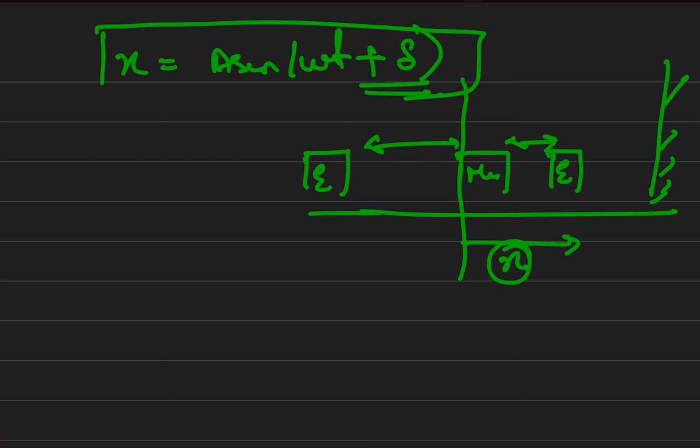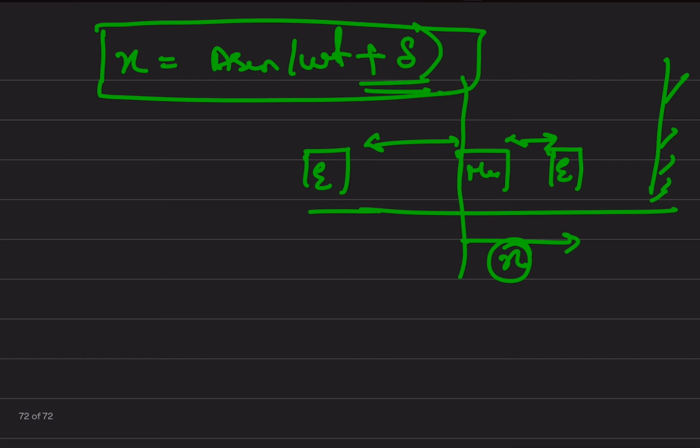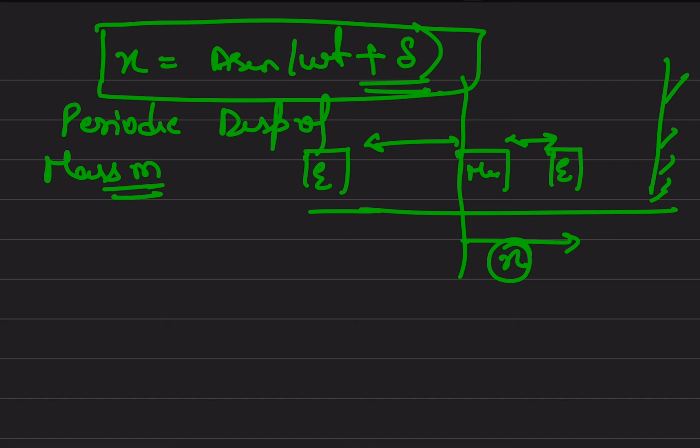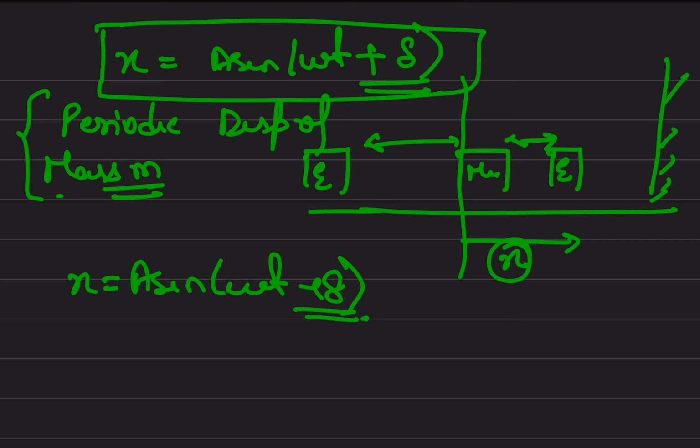How will this displacement, in terms of a sinusoidal or periodic function, be written? This is a periodic displacement of mass m, so it will be written as x is equal to a sine (omega t plus delta).